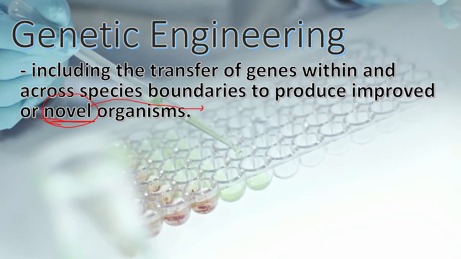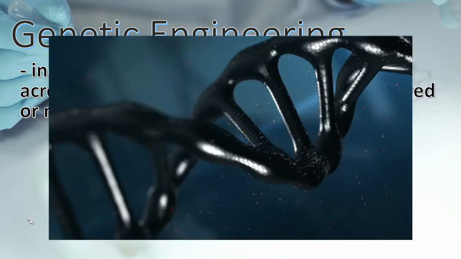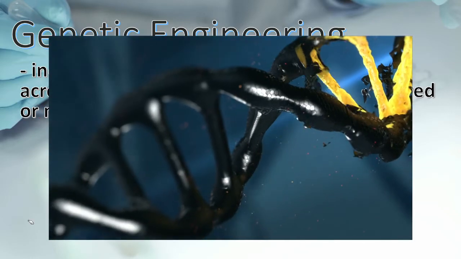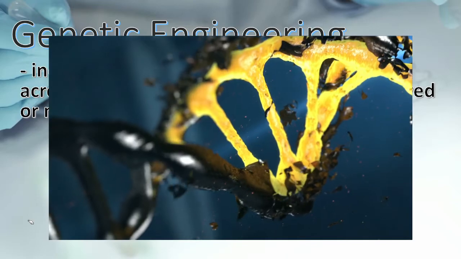Novel means this organism has not been recorded ever since, so it is a new organism. That's why COVID-19 was first called novel coronavirus. This type of virus was never recorded before. So in genetic engineering, you're actually creating a new type of organism.